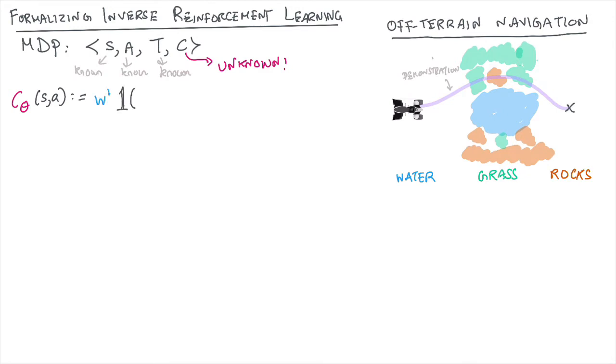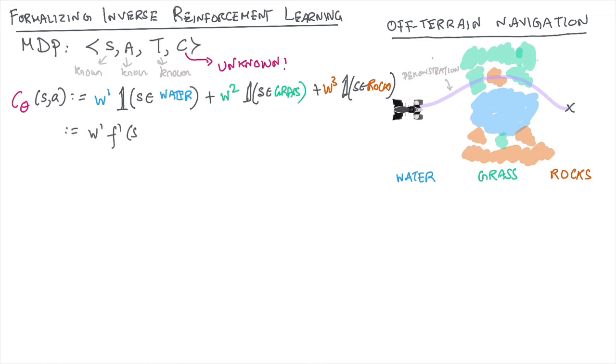So the cost function is a weight W1 times an indicator function of does the state belong to water, plus W2 times an indicator function that says, does the state belong to grass? Plus W3 times an indicator function of, does the state belong to rocks? So you're essentially learning penalties for being in different terrain.